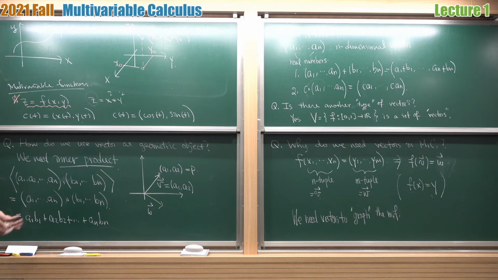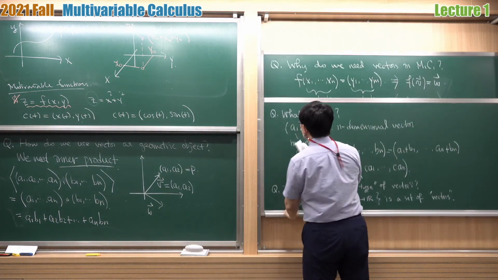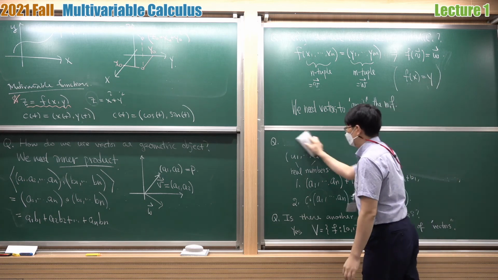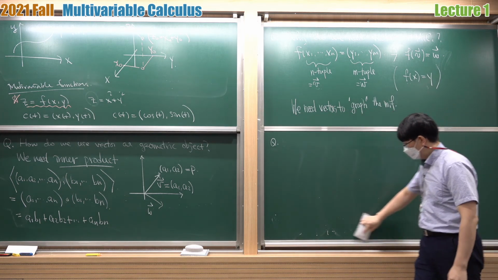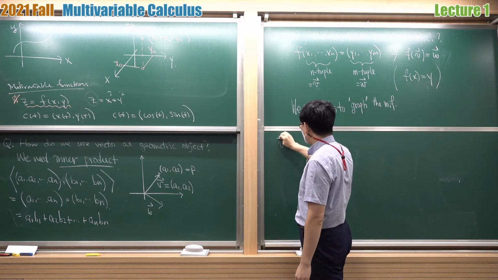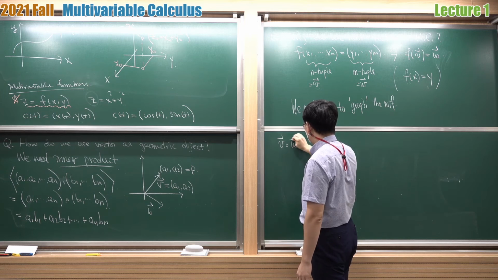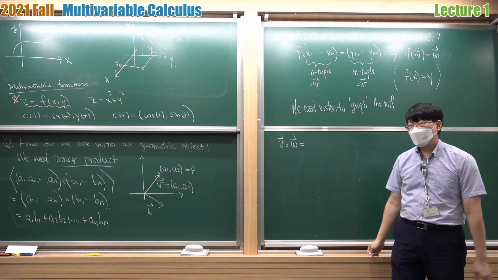I know the definition of the inner product, that's how I explained it, but you have to understand why people came up with this formula and why it's important. So there are properties of the inner product. Let's say we have two vectors, and you take the inner product together.